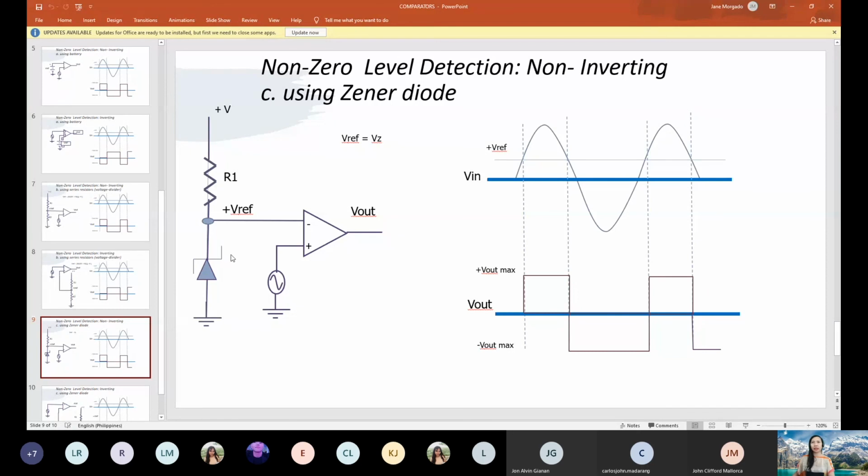In this slide, can you see the slide? What is the configuration of this Zener diode? How is it connected, in forward or reverse bias? What do you think? Forward. How can you say it's forward? Can you see my pointer?